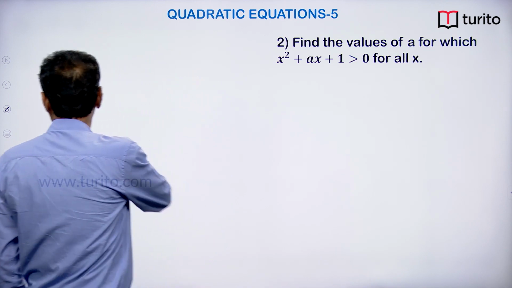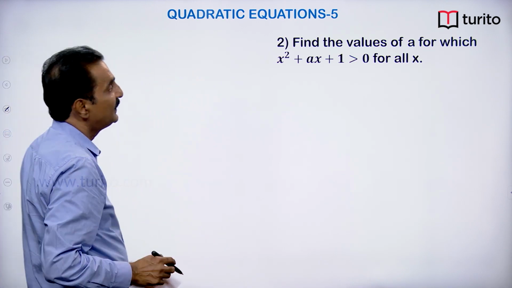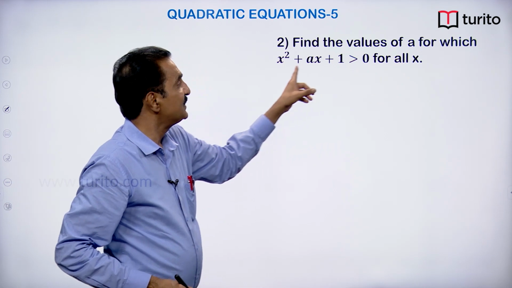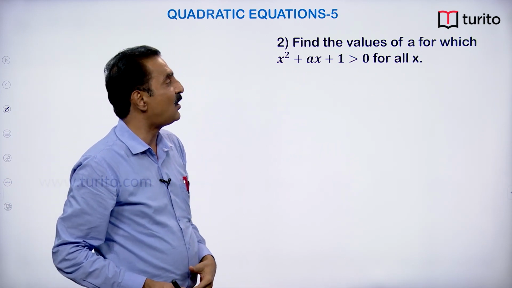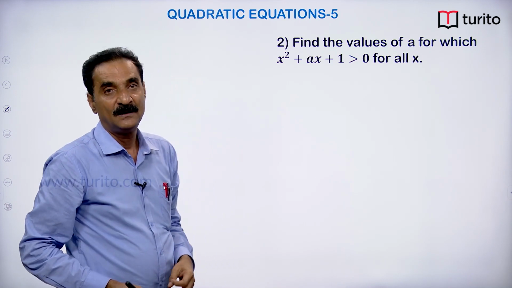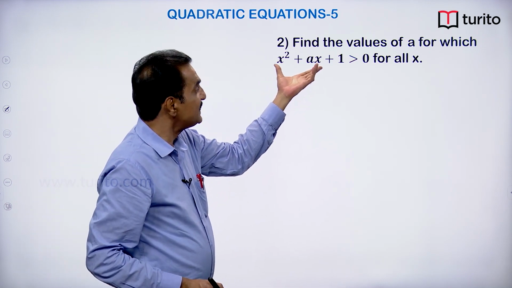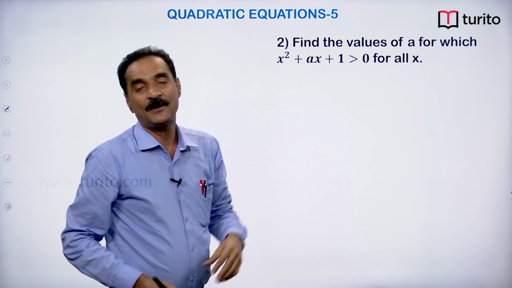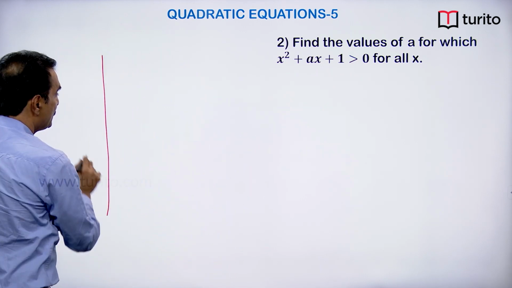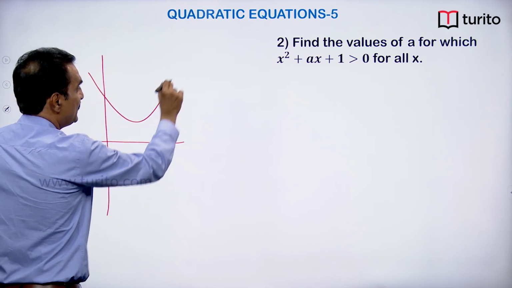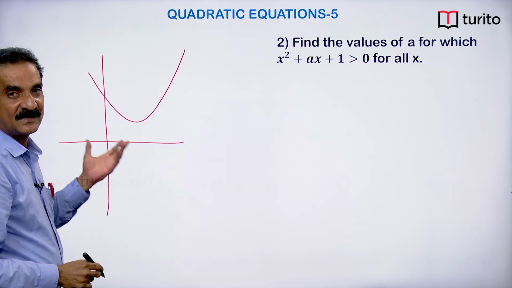Find the values of a for which x square plus ax plus 1 is greater than 0 for all x. When is an expression greater than 0 for all x? The graph must be completely above the x-axis. What is the condition?